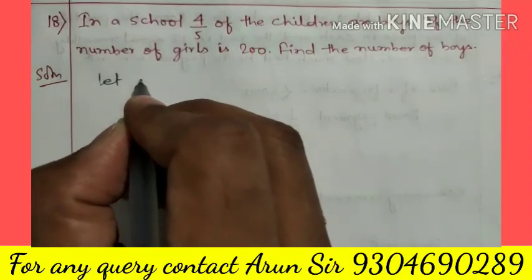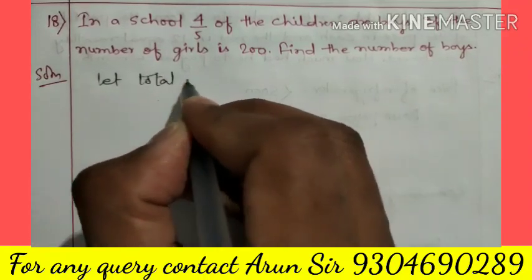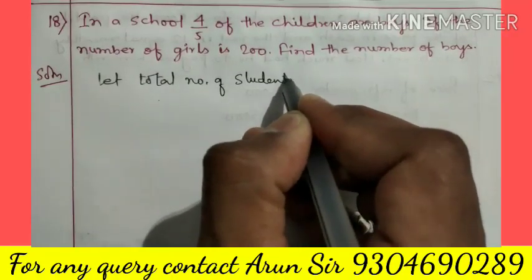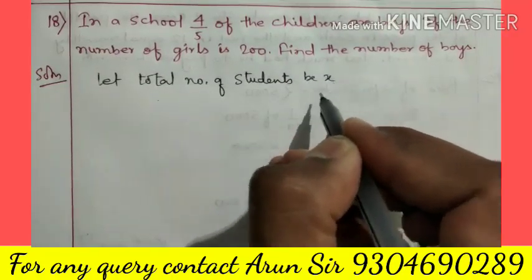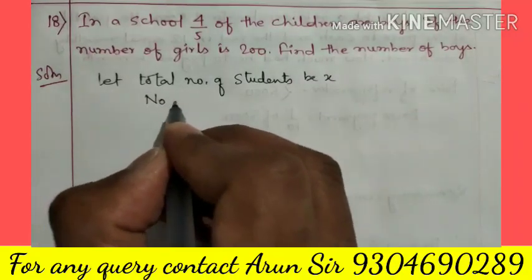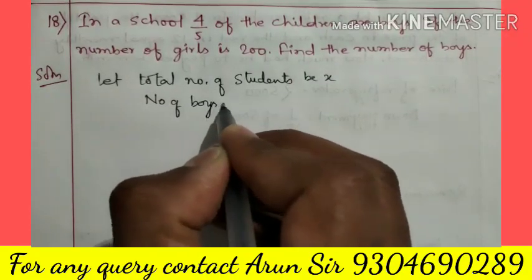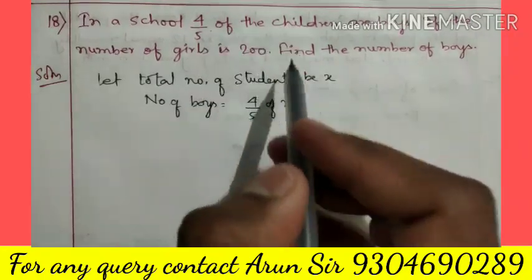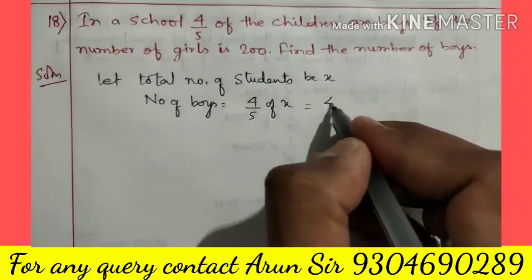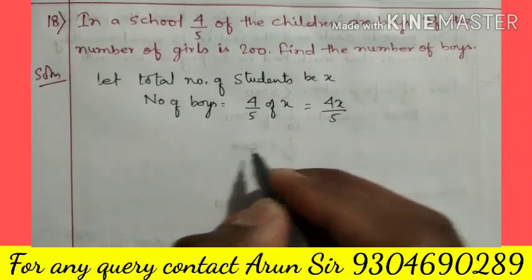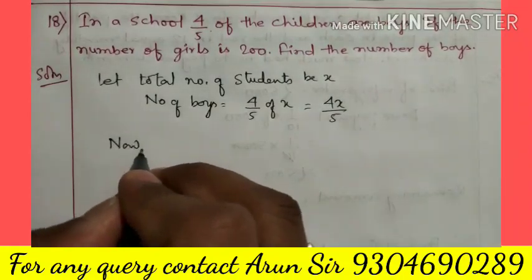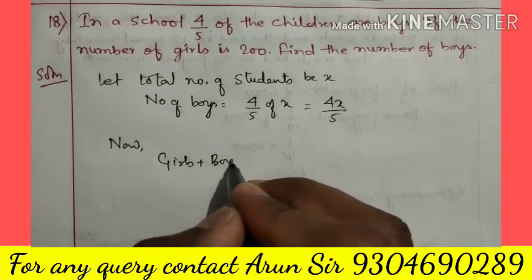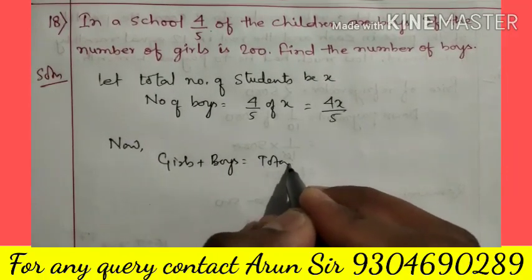We will let total number of students be x. Therefore number of boys will be 4 by 5 of x. 4 by 5 of children, so 4 by 5 of x. Next 4 into x, 4x by 5. Now we know that girls plus boys is equal to total student.